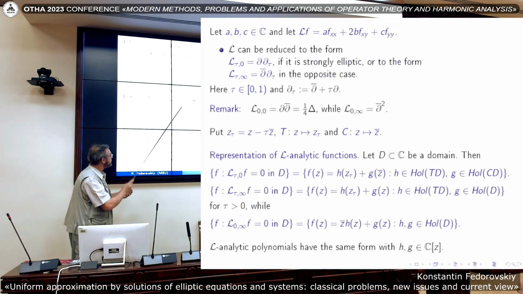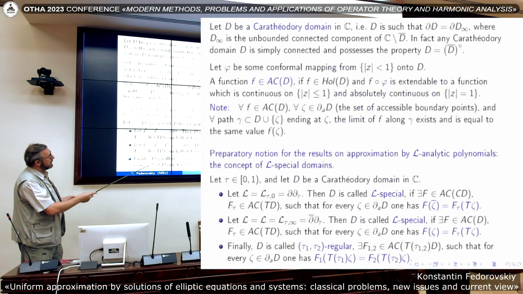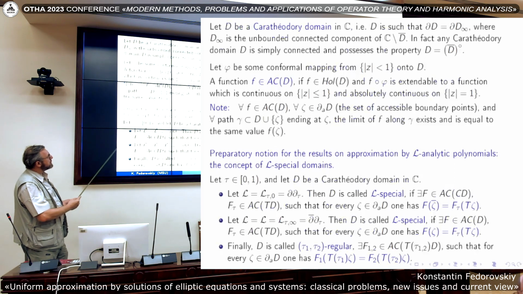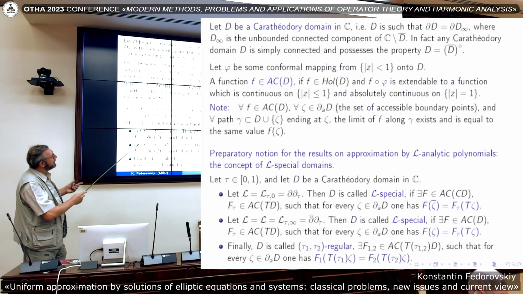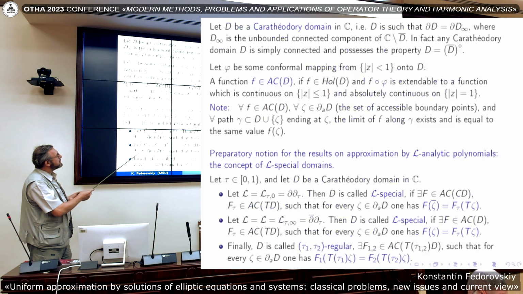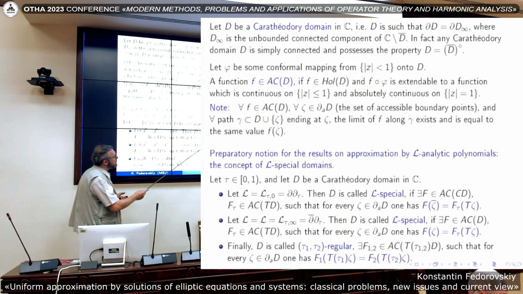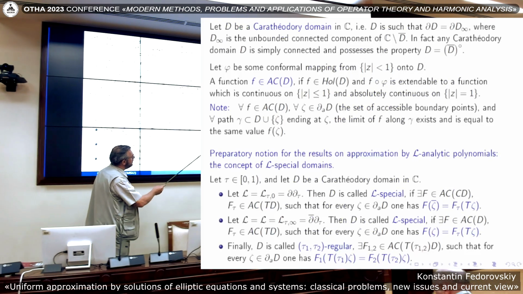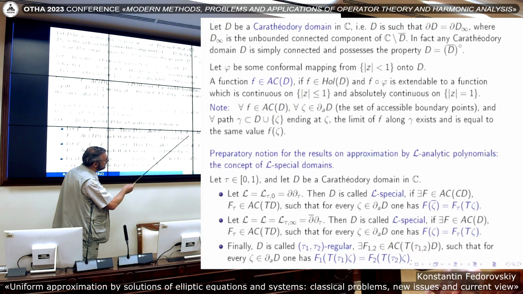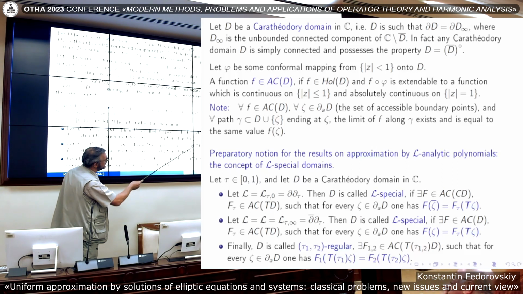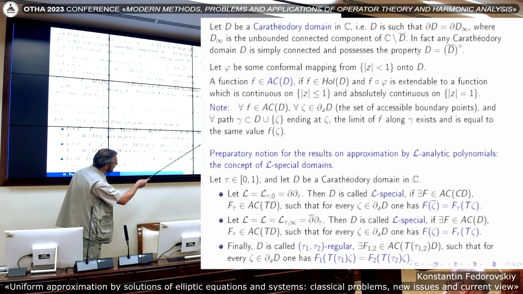So there are two functions holomorphic in different domains related by this operator, such that for any accessible boundary point, the boundary values of these functions at the corresponding points coincide.